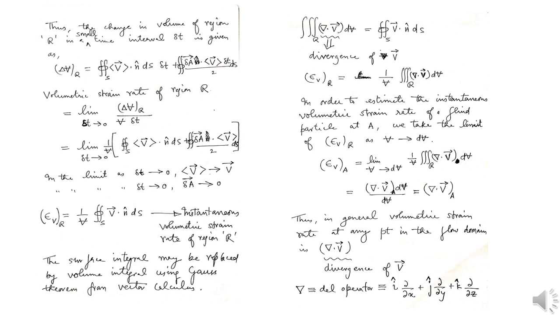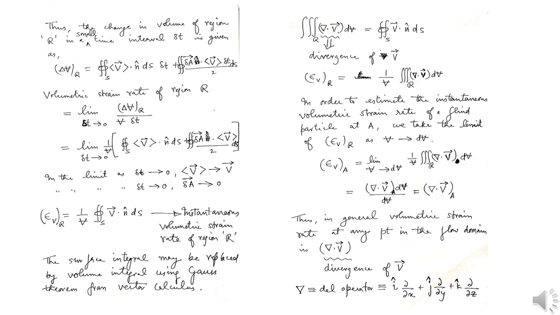We simply call it the del operator, and del dot V is the operation where you operate the del operator on a vector function, in our case the velocity field. Since this operator is actually a vector operator, not a scalar operator, it has to be operated on a vector either through a dot or a cross product. When we operate it with a dot product, we call it the divergence operation.